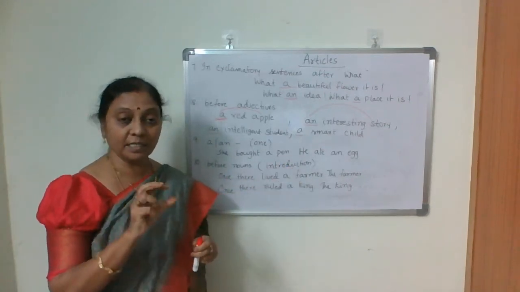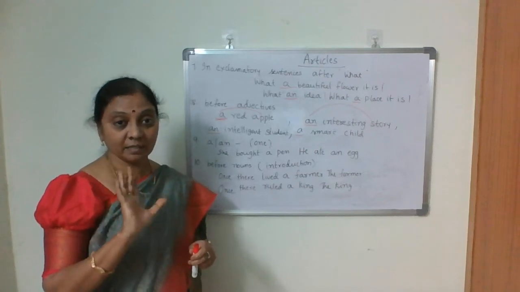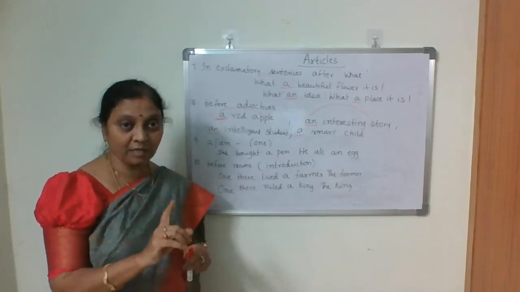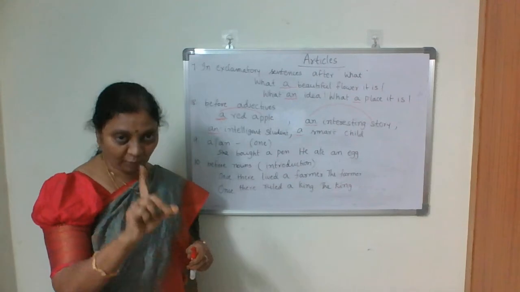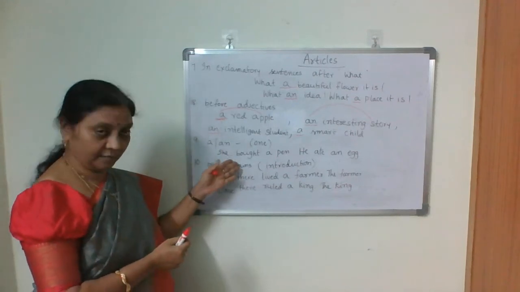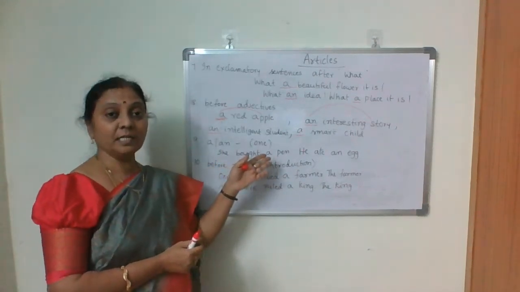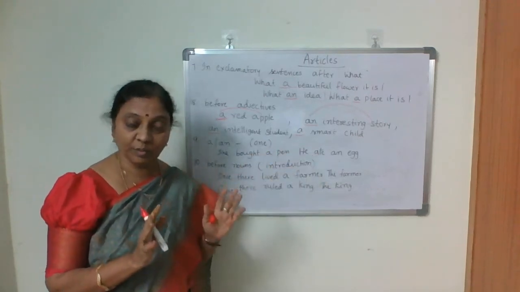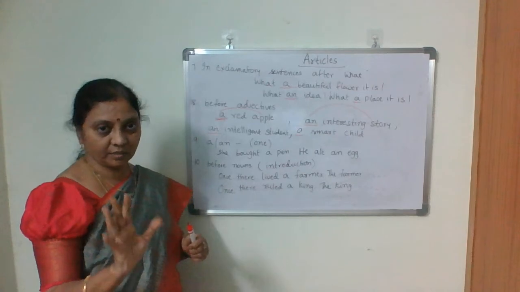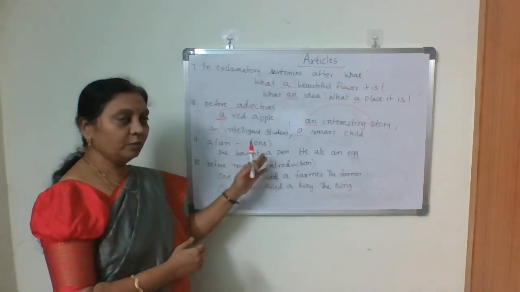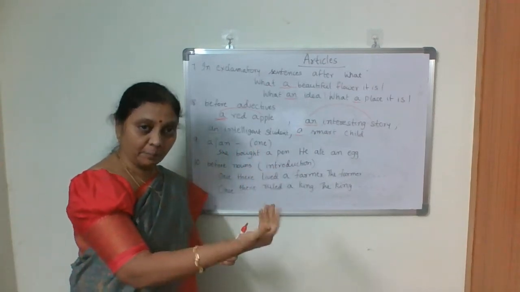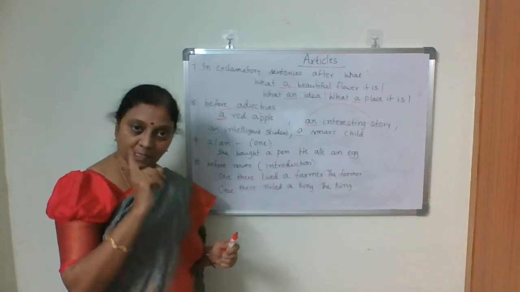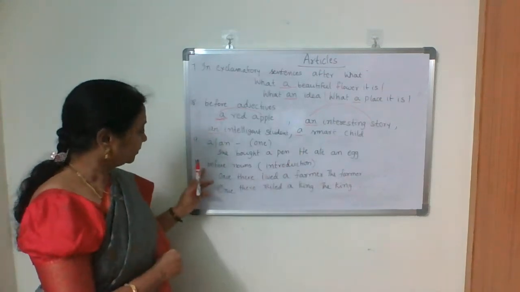An egg in this case indicates he ate how many eggs? Not two or three, only one egg. So it indicates one number. A and an we always use for singular, that is sure, isn't it? So it talks about one. She bought a pen means one pen. He ate an egg means one egg.